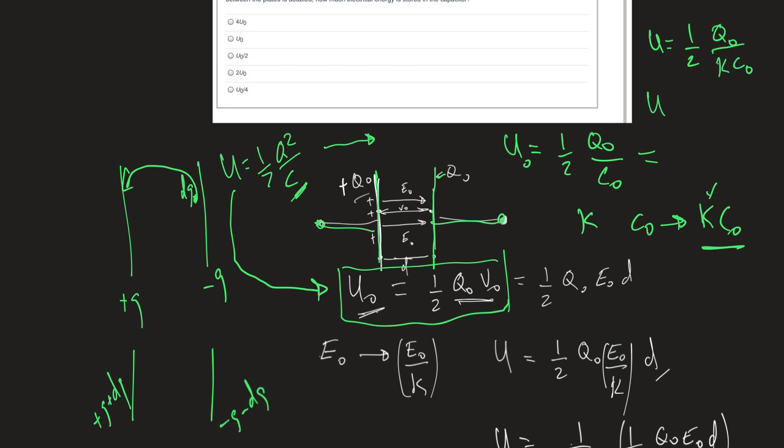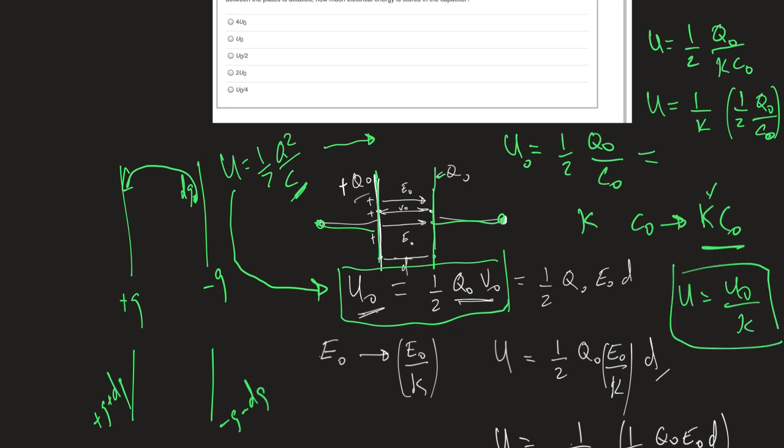So the new U will be 1 divided by K times 1/2 Q0 squared divided by C0. But this amount is the old energy without the dielectric. So the new potential energy will be U0 divided by K.